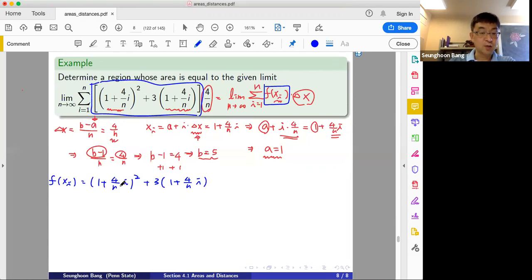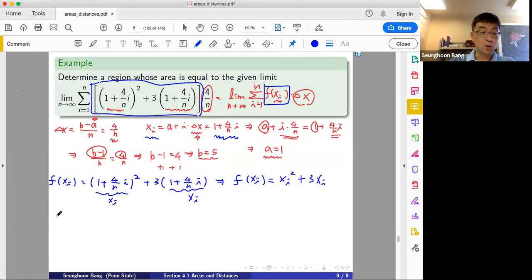We can replace 1 plus 4i over n, which is exactly xi. So f of xi equals xi squared plus 3 times xi.